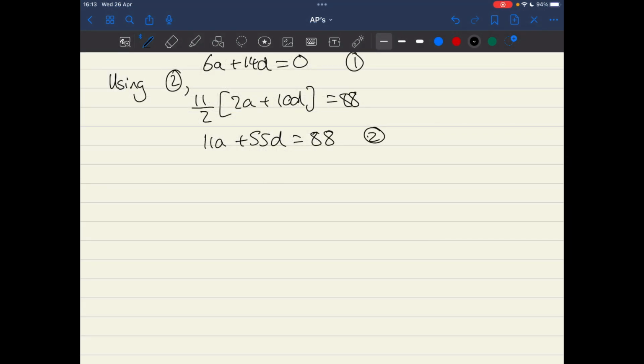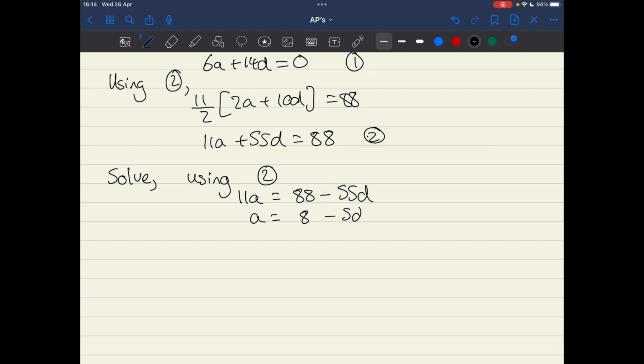Next we're going to look to solve. Using equation 2, I'm going to get it in the form where a equals something. So 11a is equal to 88 minus 55d, taking it over here. So a is equal to 8 minus 5d.